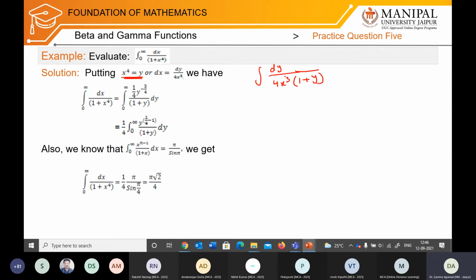Now also I need to change this x into y. x raised to 4 is y, x is y raised to 1 by 4, and x cube will be y raised to 3 by 4. So it is dy by 4 y raised to 3 by 4, 1 plus y, right?